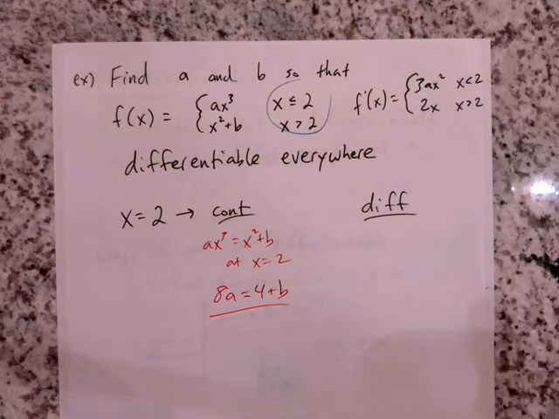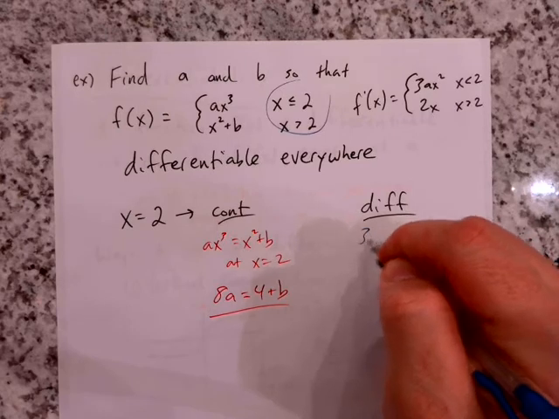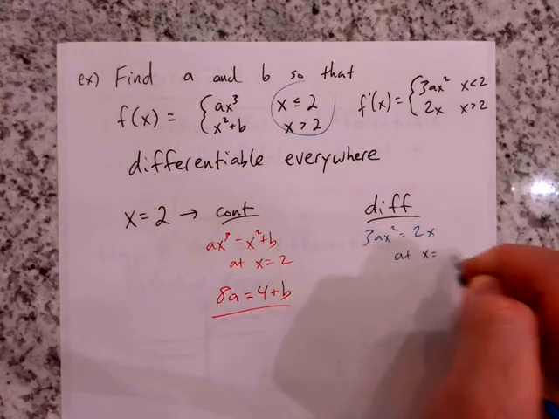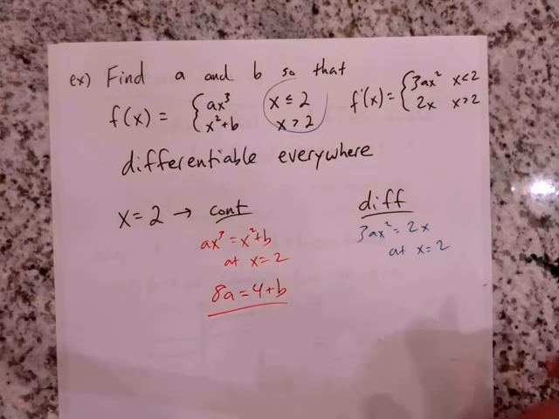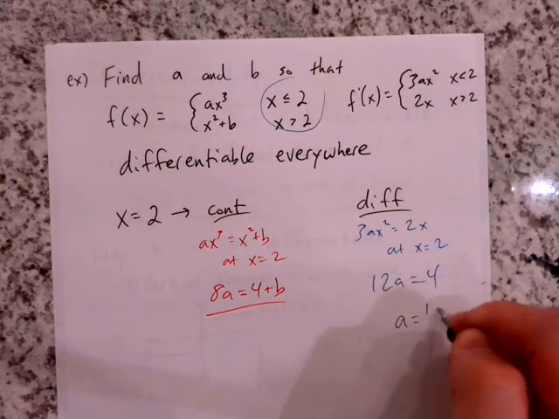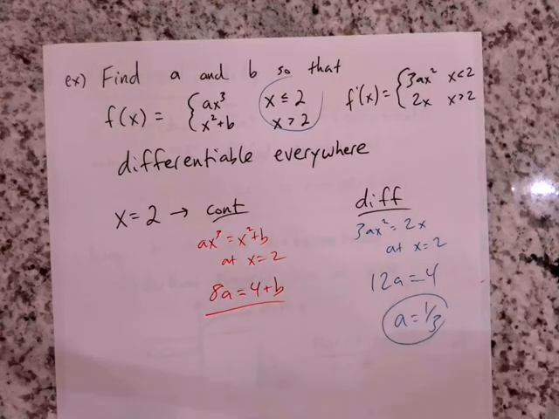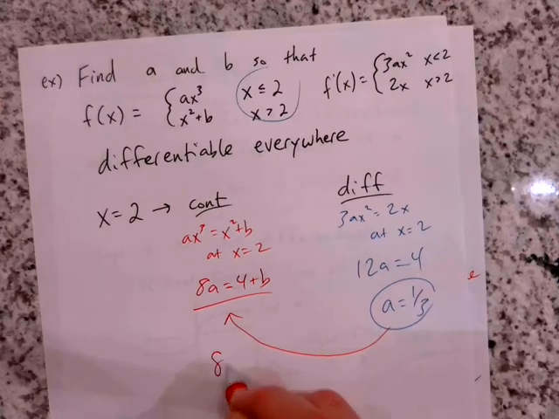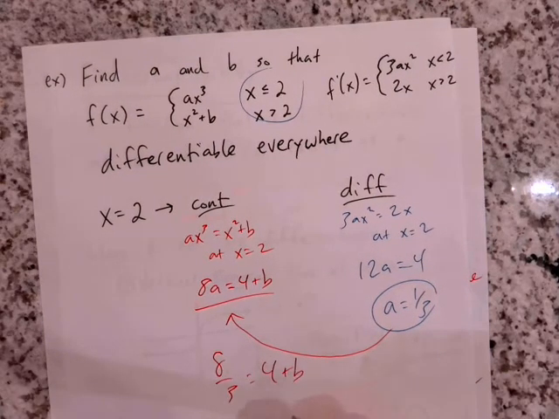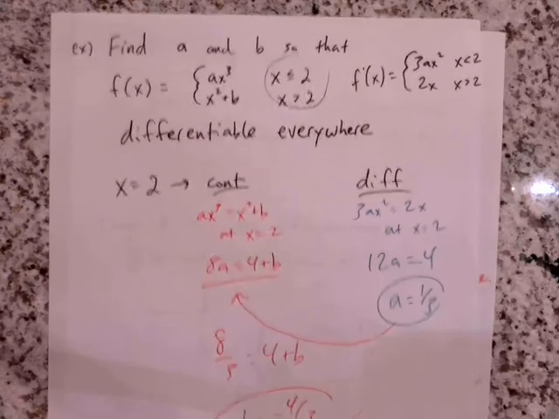And so what we need is 3ax squared to equal 2x at x equals 2. So we plug 2 into that. It gives us 12a equals 4. A is a third. Plug the 1/3 into this equation over here. 8/3 equals 4 plus b. B is negative 4/3. And there we have it.